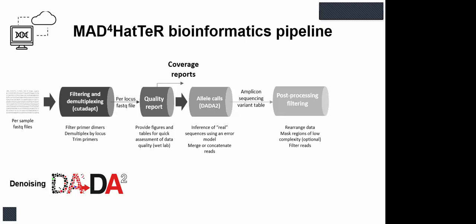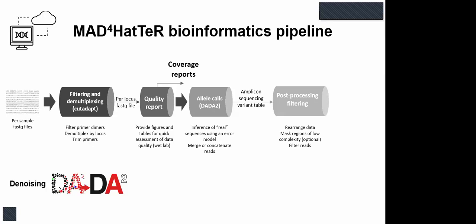This is mainly a rearrangement of data and masking low complexity regions, sometimes called homopolymers. For example, in malaria, we have a lot of homopolymers like AT-AT-AT regions. It's an AT-rich kind of genome, so we have to look out for that and also try to mask any other regions which did not sequence well.